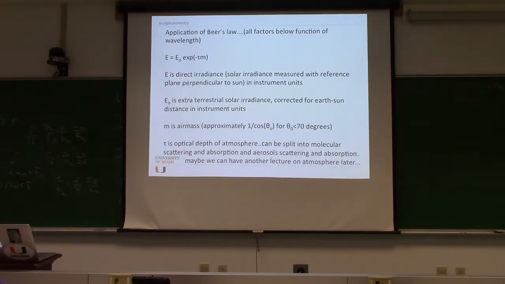And m is called the air mass. So you measure the direct solar irradiance at the bottom, divide it by the outside, and you can work with this equation to get the optical depth up there. Same thing as you've been doing with absorption and scattering.